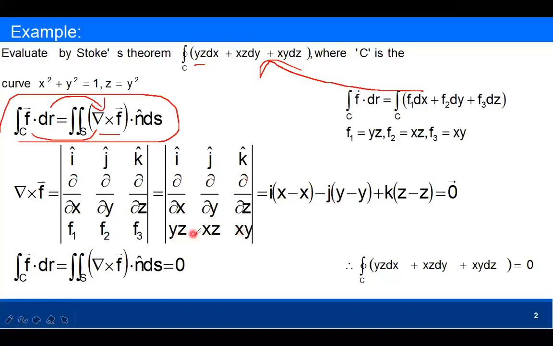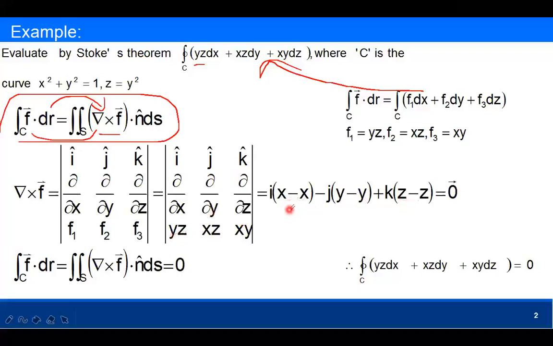With respect to z, it is 1, y. Plus k into, eliminating this row and column, dou by dou x of xz, with respect to x is 1, so that is z, minus dou by dou y of yz, with respect to y is 1 into z, which is z. So therefore this is 0, this is 0, this is 0.